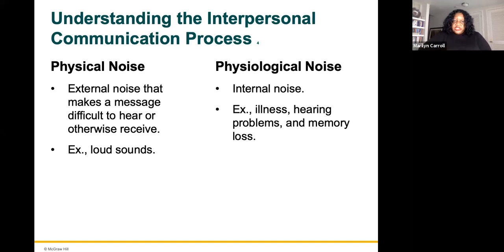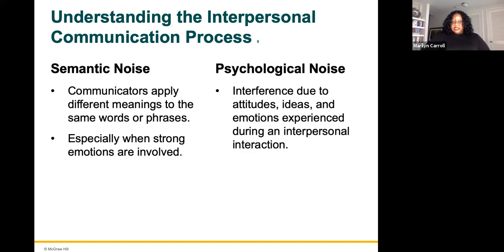Physical noise is external noise that makes a message difficult to hear or otherwise receive. Example, loud sounds. Physiological noise is internal noise in our body. Example, illness, hearing problems, memory loss. Semantic noise is when communicators apply different meanings to the same words or phrases, especially when strong emotions are involved.